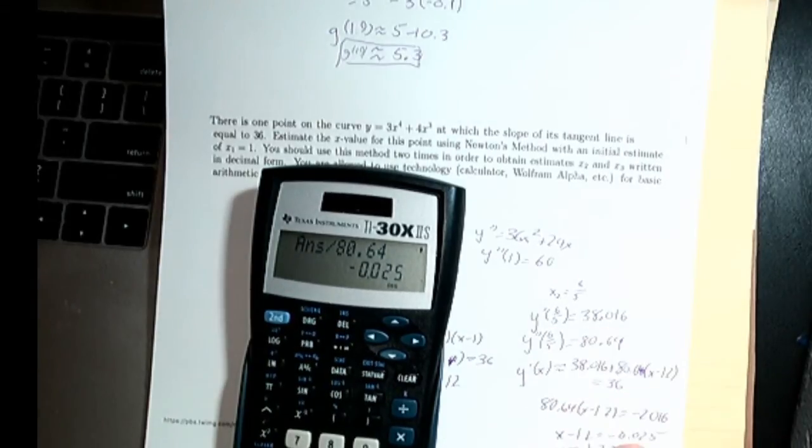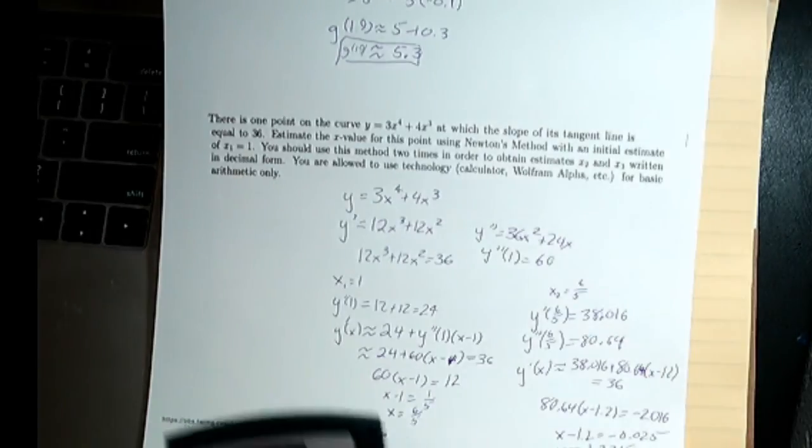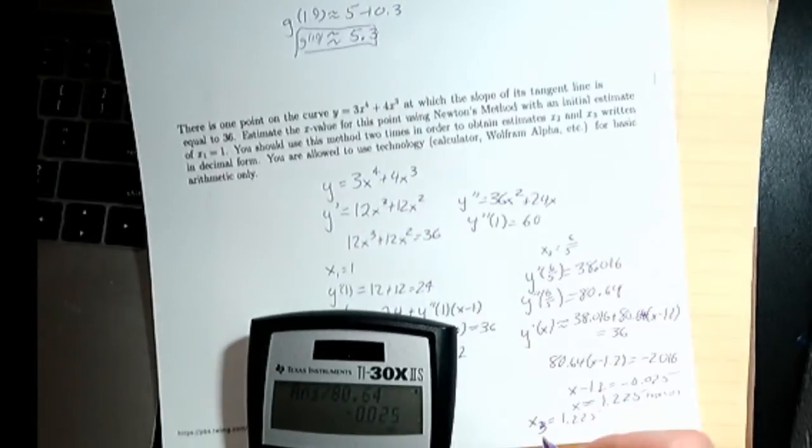Or x3 rather. So x3 is 1.225. So what's the value of the function there? Let's see how close we are. What is y prime of 1.225 as a finale?